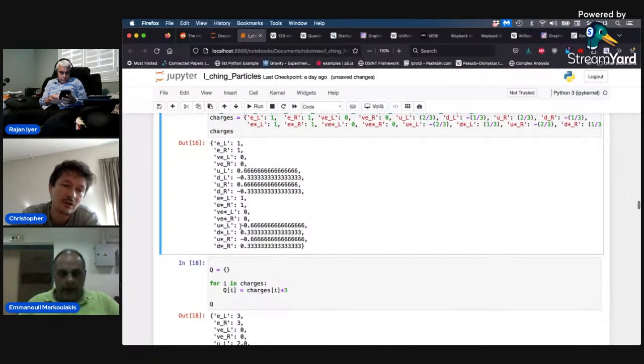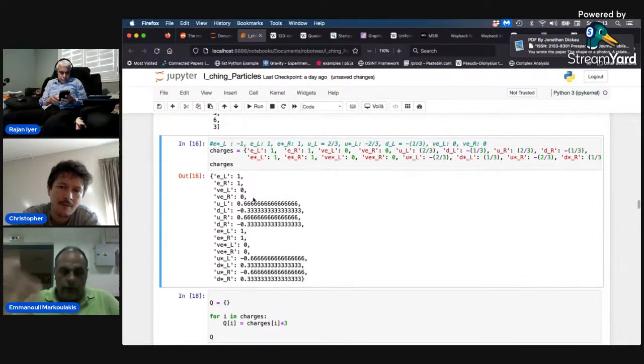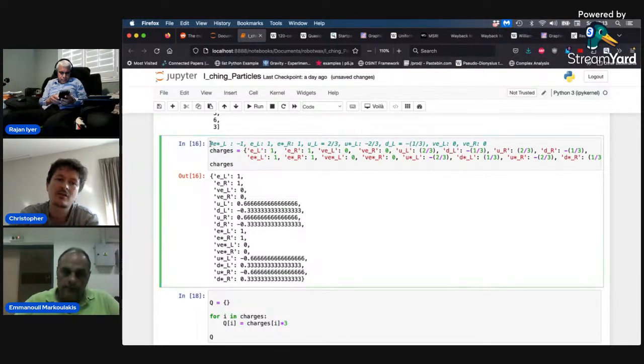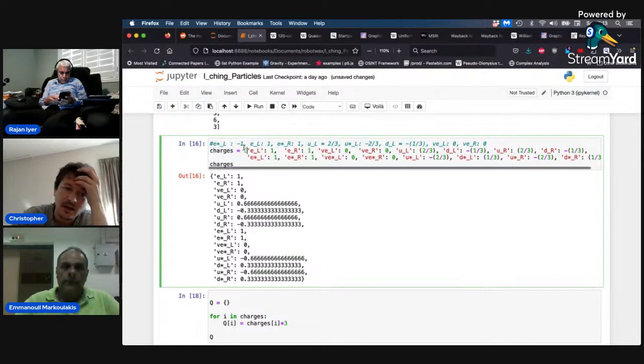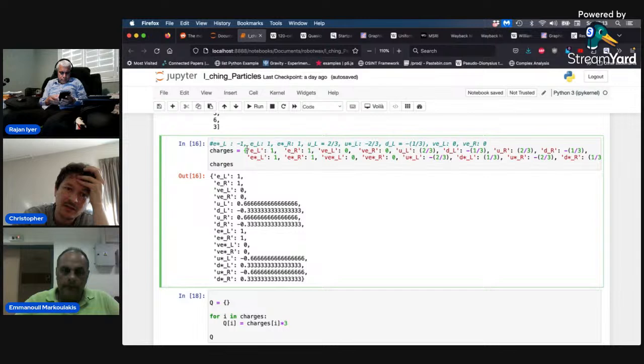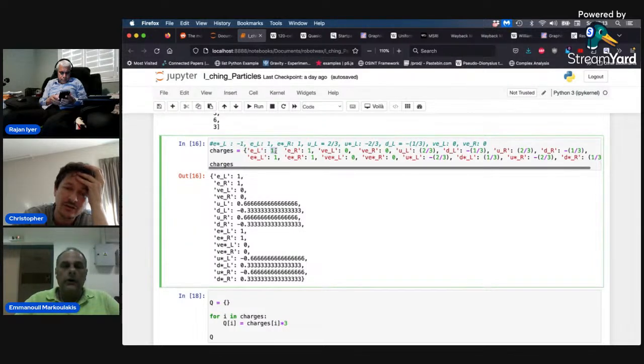Sorry, is this an animation program? Is this code for animating something or calculating parameters? What is the output of this code? Oh, well, there's no real code. This is just a data structure here. This is called a dictionary. So we have the key, which is the name of the particle, and then the value, which is the charge.